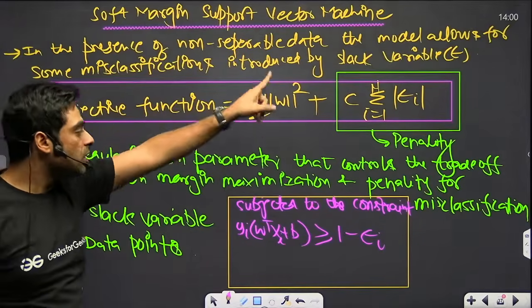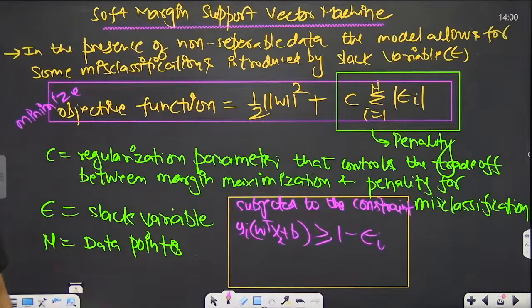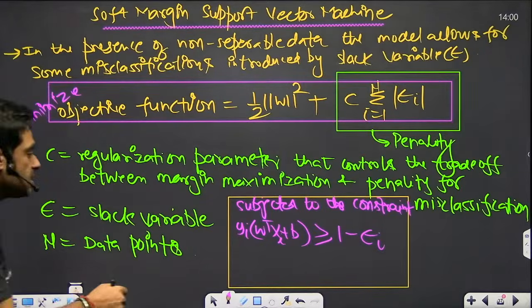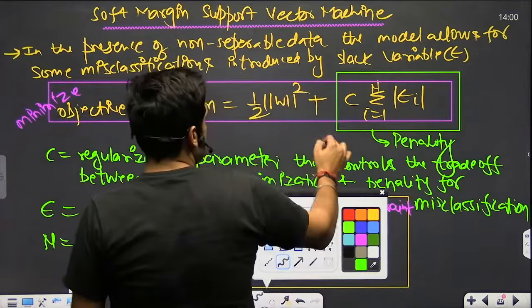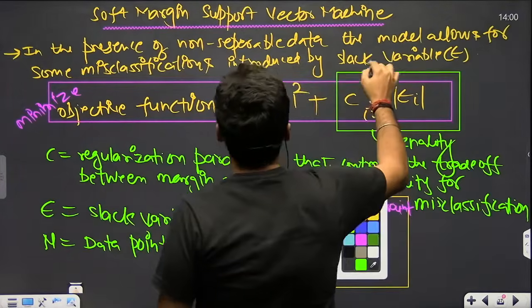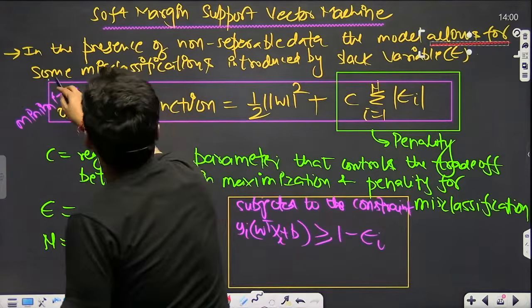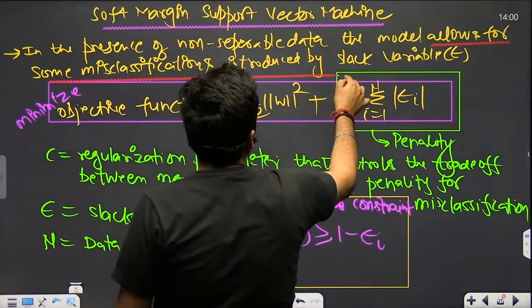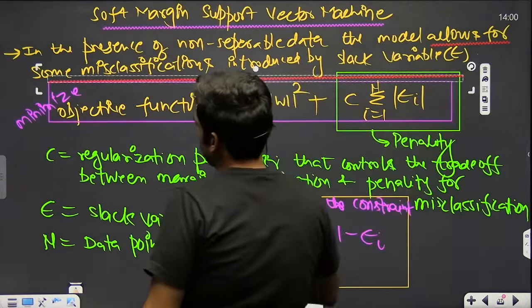So it allows for certain misclassification. Very important, that this allows for some misclassification introduced by the slack variable. Okay, this is the important point.